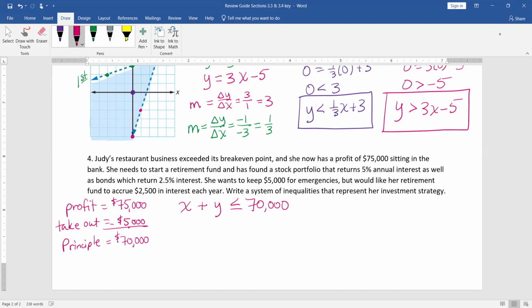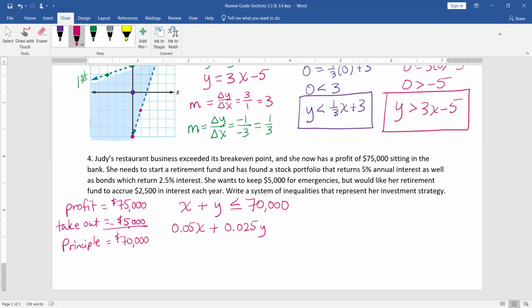Then we have the second one. We know that she wants to start a retirement fund. Stock portfolio is 5% annual interest. So we'll say 0.05x. This is our interest equation, plus 0.025 times y.